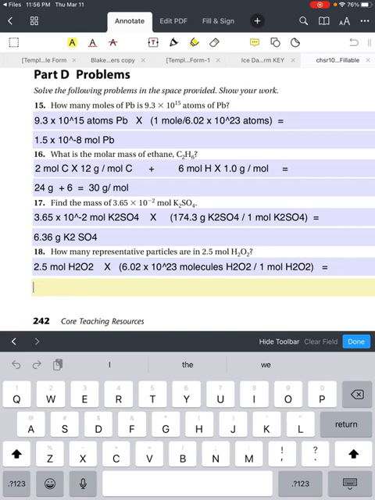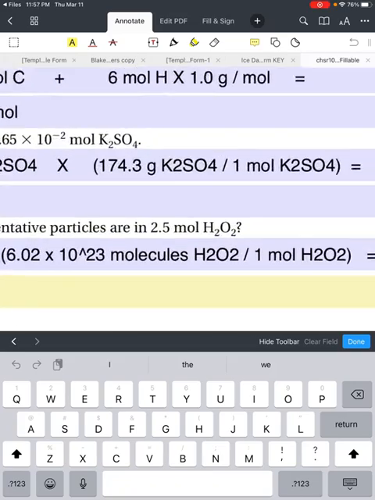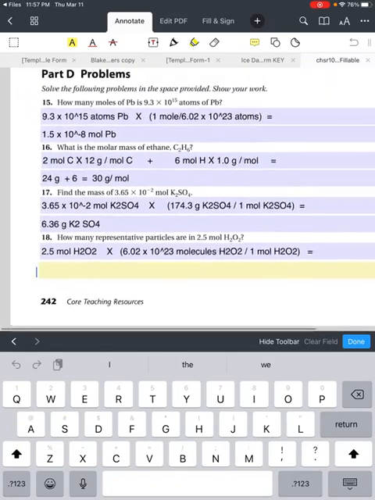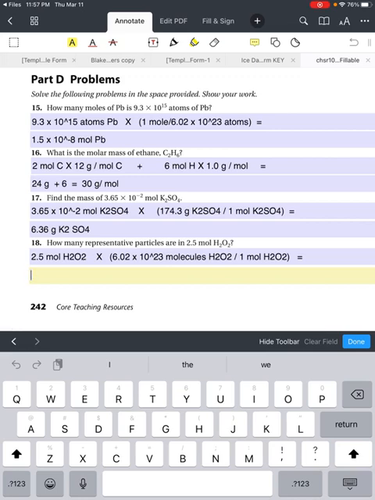And so what I would do is write down what I know, 2.5 moles, and I need my final unit in my numerator. So instead of saying 1 mole per 6.02 times 10 to the 23rd, I say 6.02 times 10 to the 23rd per mole.